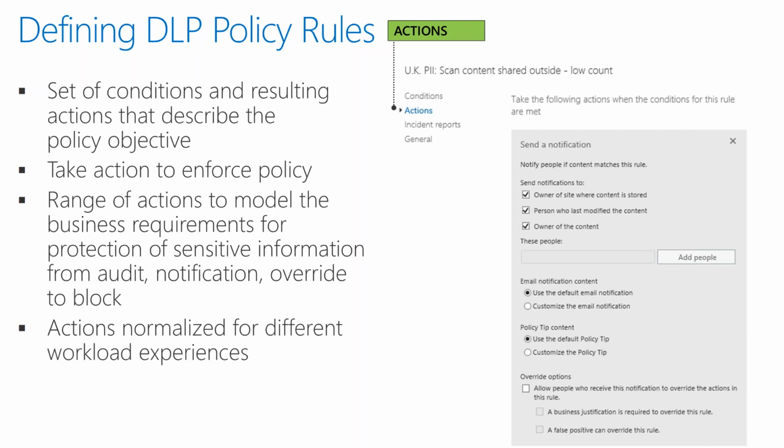So there's a lot of capabilities here, and you'll notice in the last section here, allow people to receive this notification to override the actions in the rule. So if a policy is not strictly a compliance-related issue, then you can give the user the ability to override it as well as provide a business justification for why they felt the need to do that.